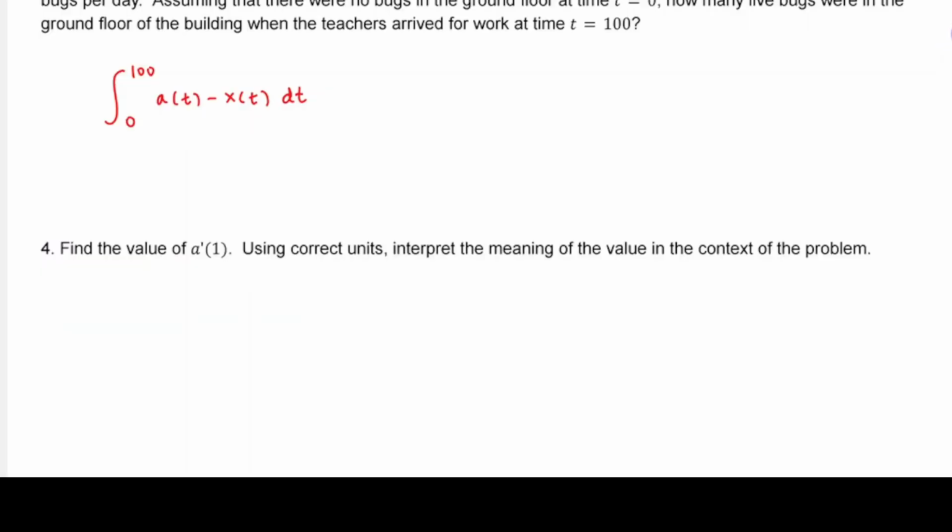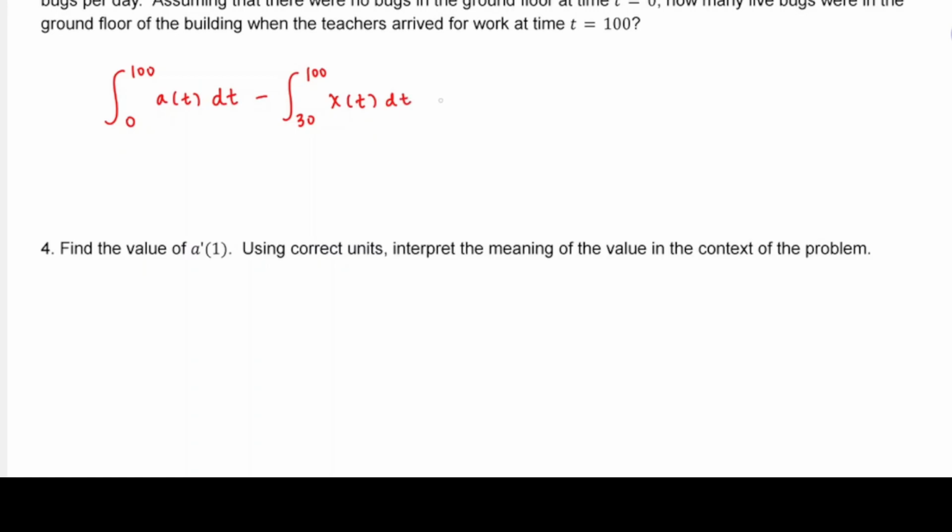Okay, yes, definitely. I did not account for the fact that x started at t equals 30. So I'm going to need to only integrate a to get the total in, and then integrate from 30 to 100 rate out. That's much better.